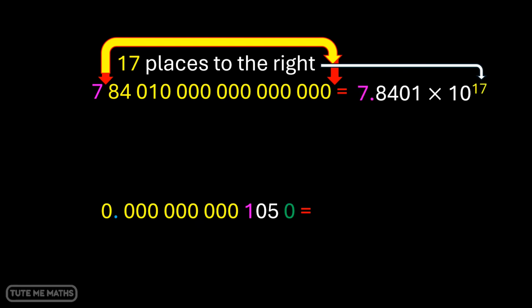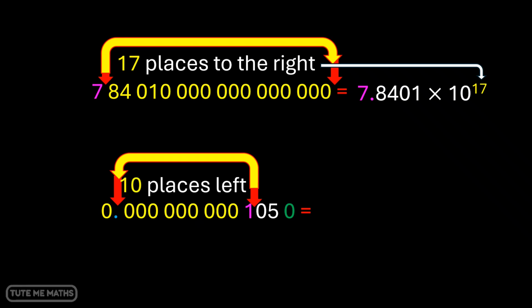For our small number, we place the decimal point here after the 1. There are 10 digits in between, so the power is negative 10, giving us 1.050 multiplied by 10 to the power of negative 10. Notice that I kept the extra 0 from the end of the decimal. Extra zeros on the end of a decimal are clearly showing you more information about how precise the value is.